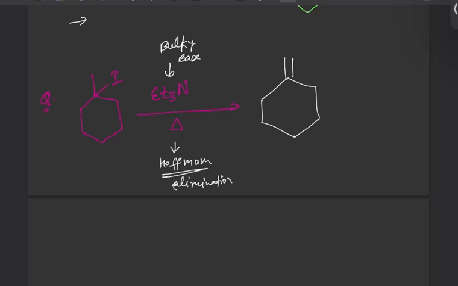Is it correct? Because there is a possibility of hydrogen removal from here or here. So which is less substituted? This. So the product will form from here. Batao, is it correct? Yes or no?